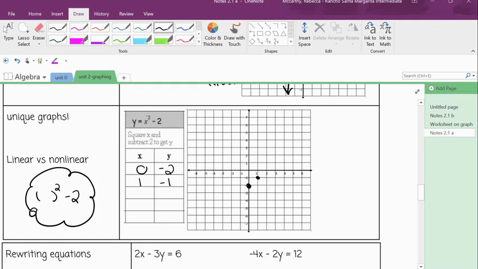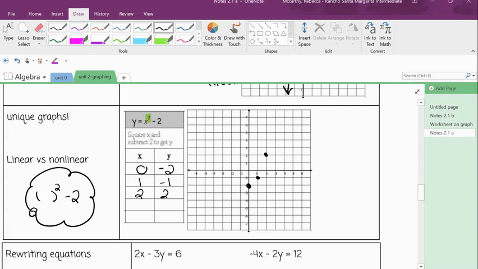Now what's unique about this one? This one has a square. We're going to see what happens when I have a square in my equation, also known as a function. What about 2? 2 squared is 4, minus 2 is 2. Notice it's no longer a straight line, it's starting to curve.